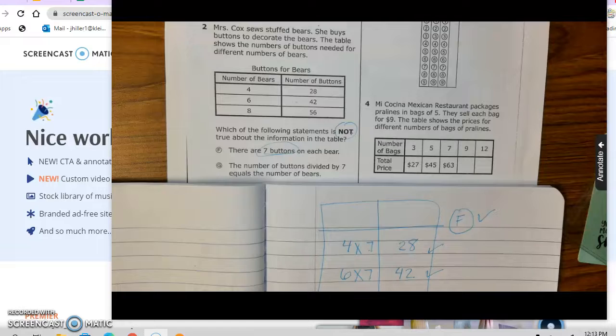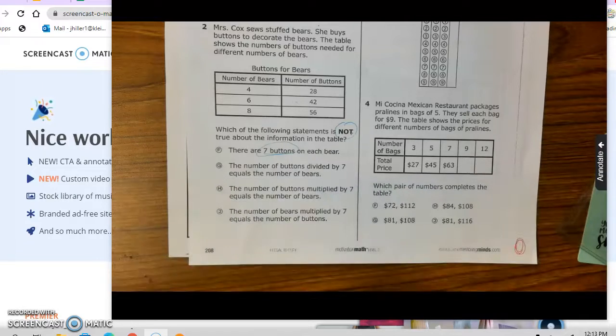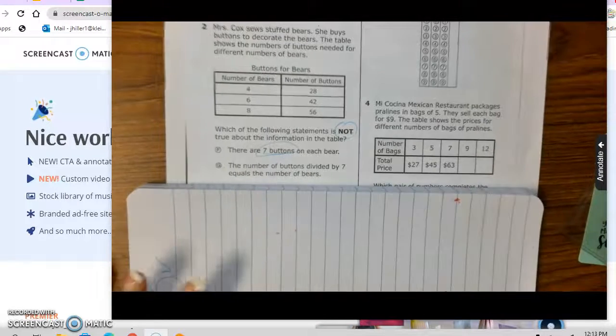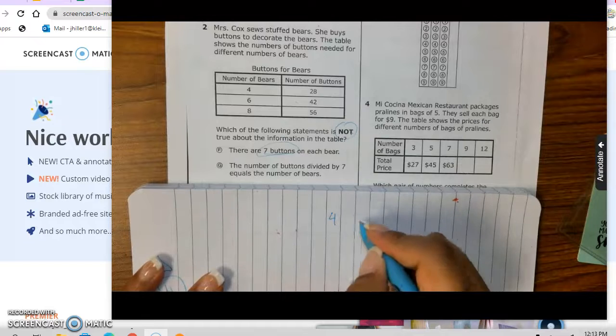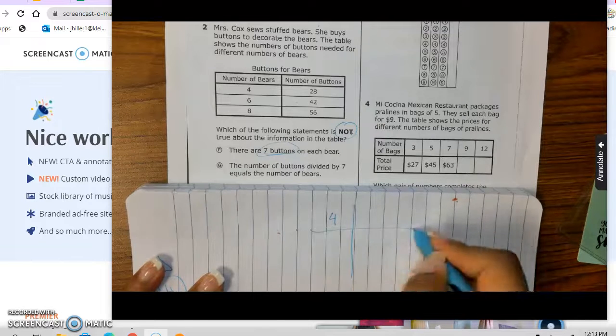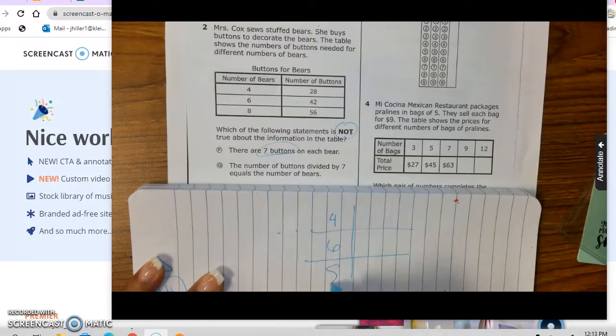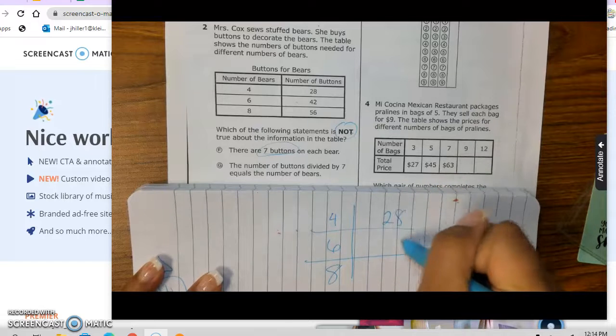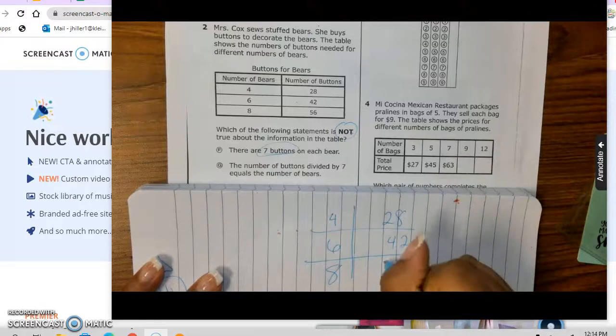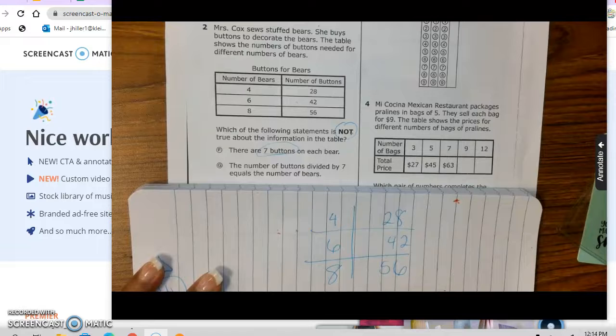Okay, so again, that lets me know I need to draw my chart, my table again. So I have 4, 6, and 8. I draw them. I have 28, 42, and 56.